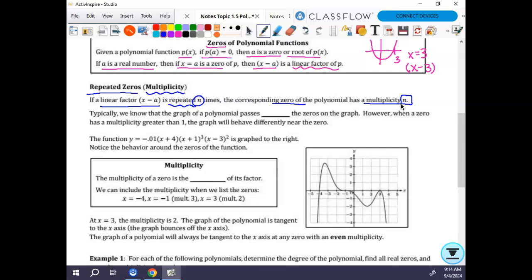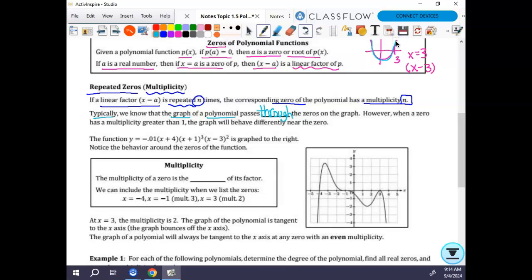All right, so it says typically we know that the graph of a polynomial passes through, and this should be a bigger blank. I apologize. Oh, I'm not spelling it right. It's a long word, and I didn't give you very much space. Through, passes through the zeros. So right here I pass through that 0, and then I pass through that 0, just whoop, right through the axis, right?